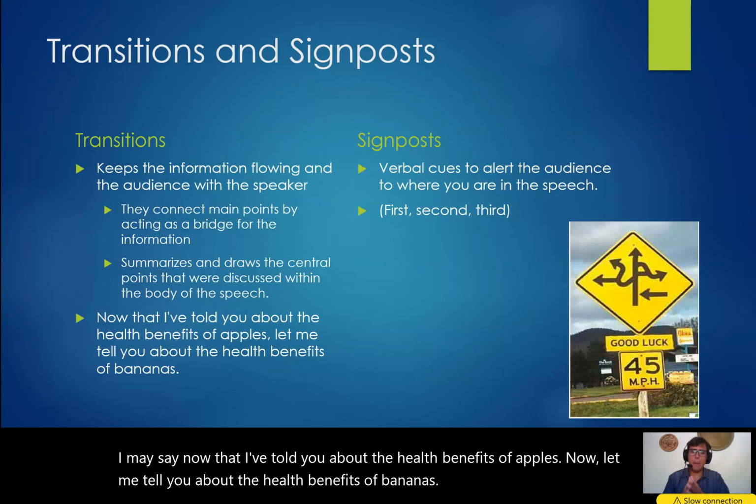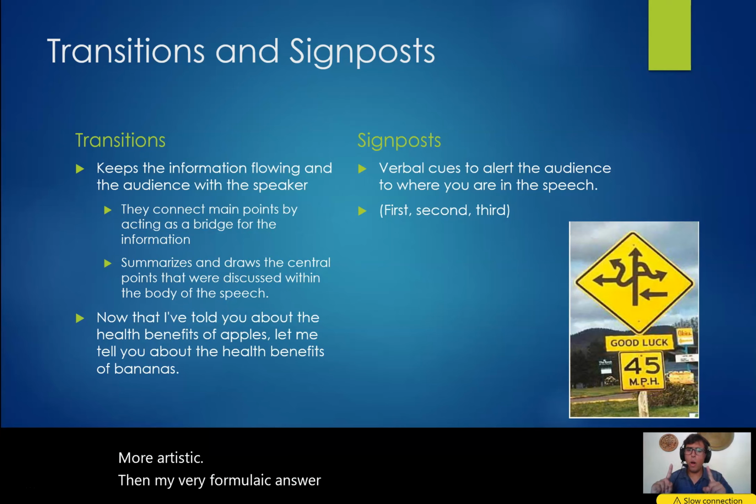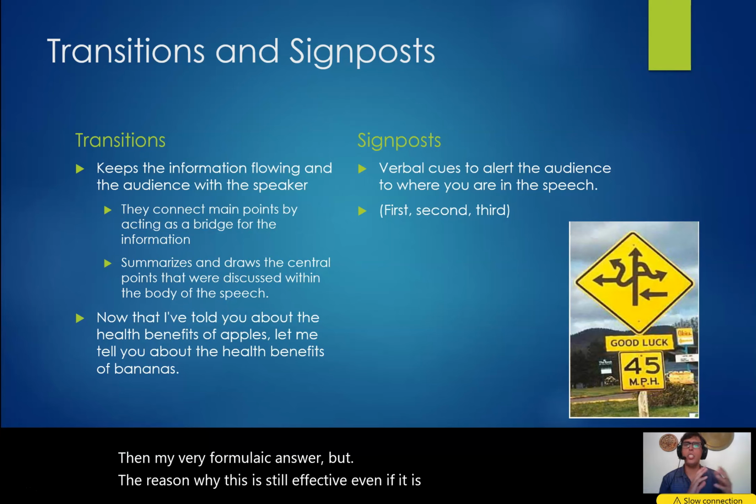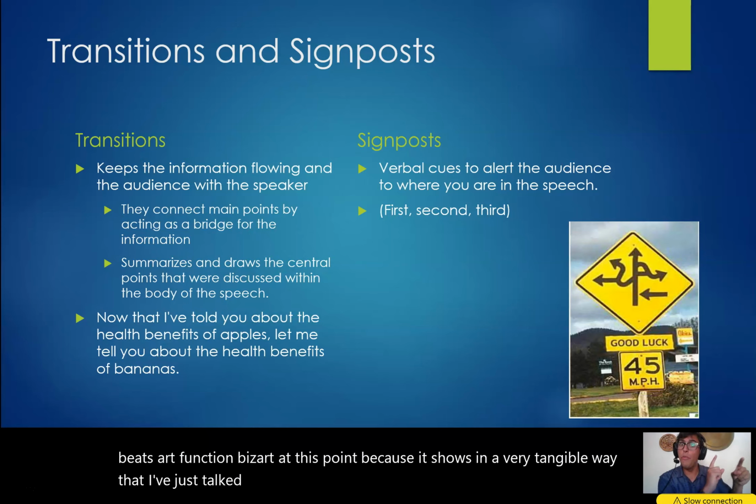Yes, this can be more artistic than my very formulaic answer, but the reason why this is still effective, even if it is formulaic, is that function beats art at this point, because it shows in a very tangible way that I've just talked about this, and now we are moving on to this other point, so that no one is lost.